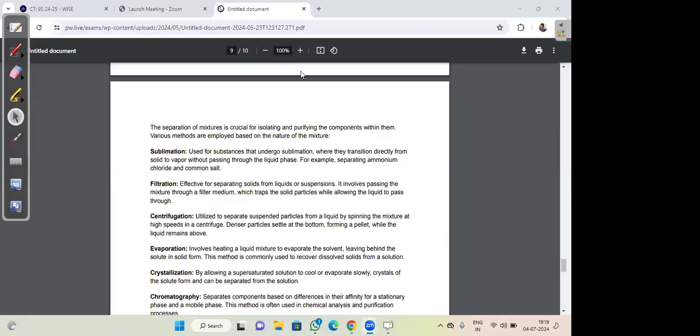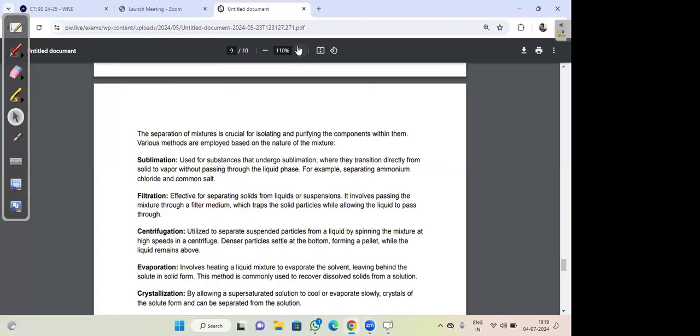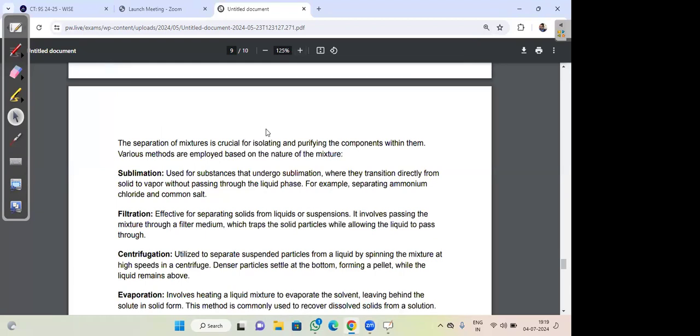Okay, so here we are looking at the processes one by one. Sublimation is the process where the substance undergoes a direct transition from solid to vapor state without passing through the liquid state.